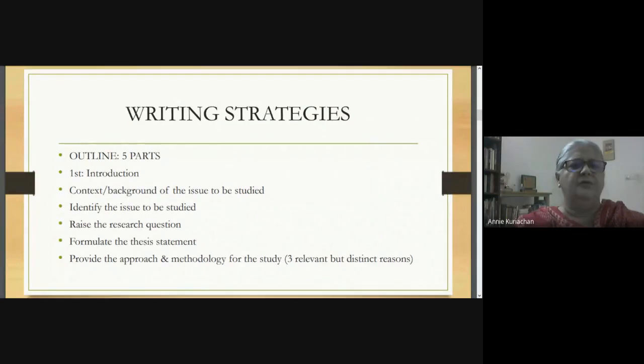So, in the outline, the first part is definitely the introduction. Now, this introduction has to be divided into 5 to 6 parts. First, we need to talk about the context or the background of the issue or of the topic to be studied.